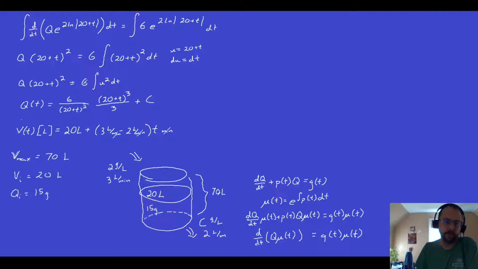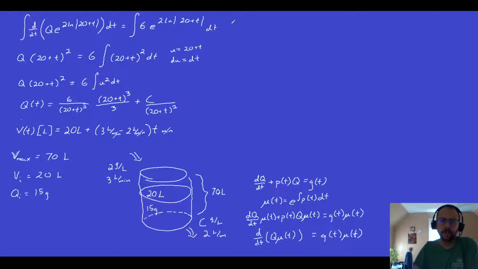So we have a term 6 times u cubed over 3 is one term, and then c is the other term. So this has to go to both. So c will be over 20 plus t squared. There we go.